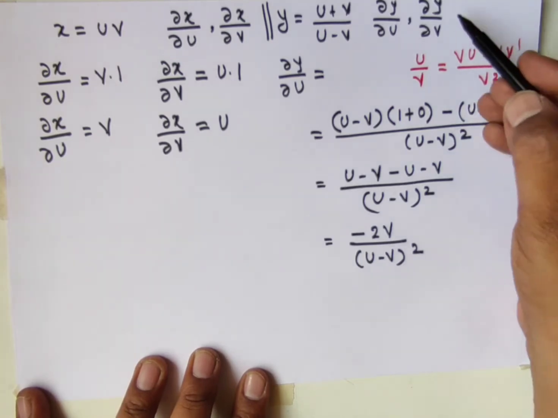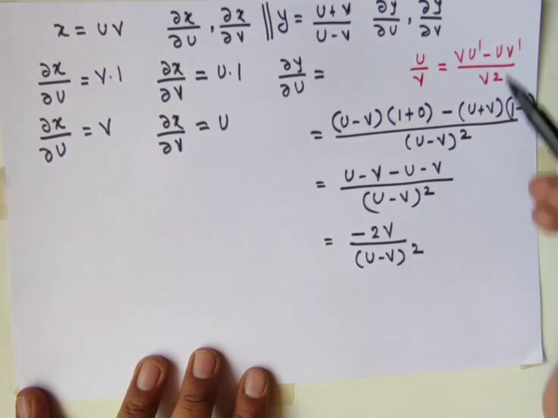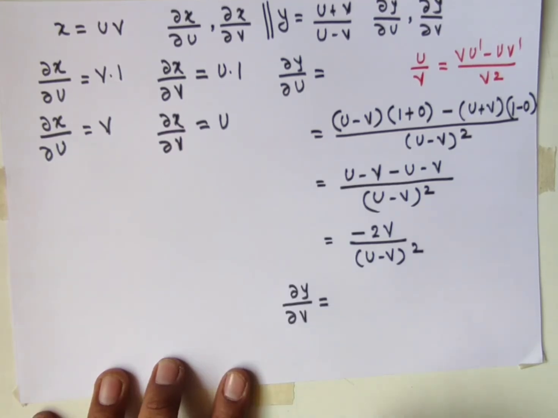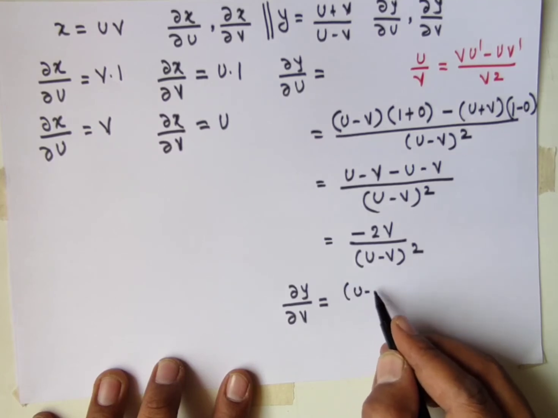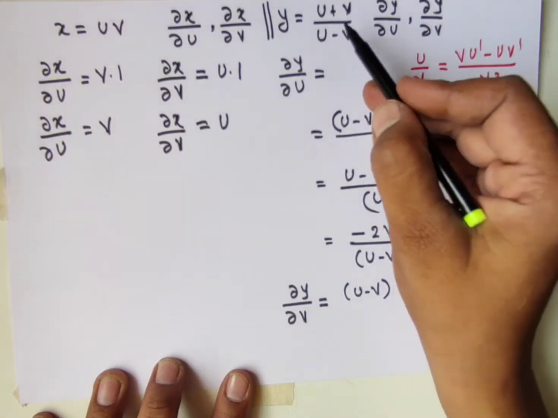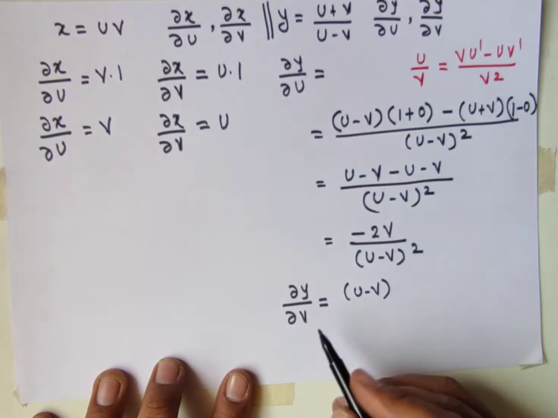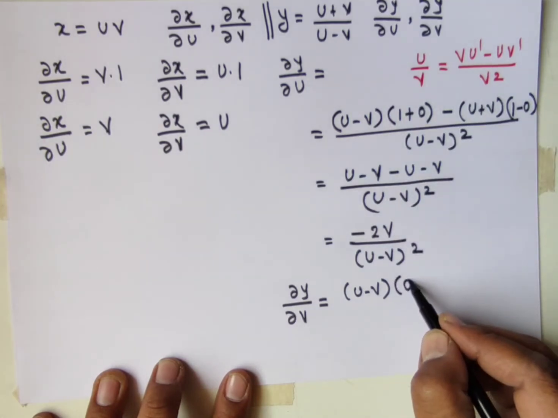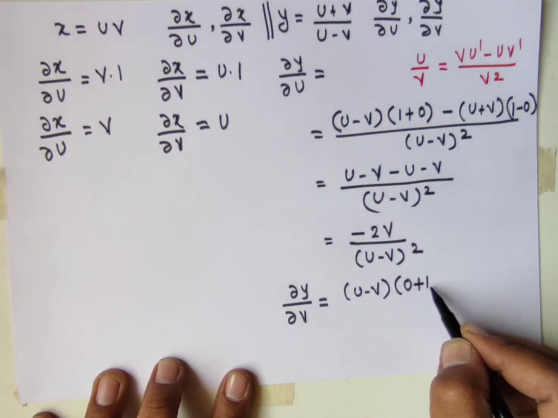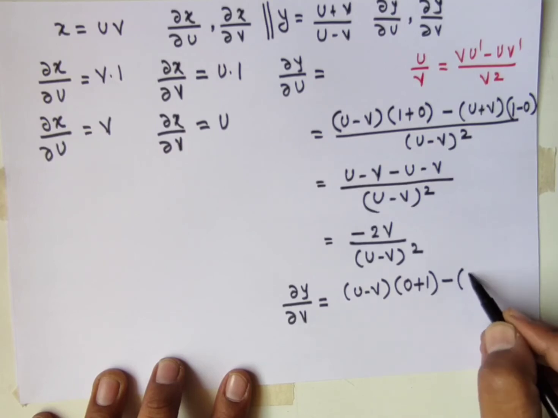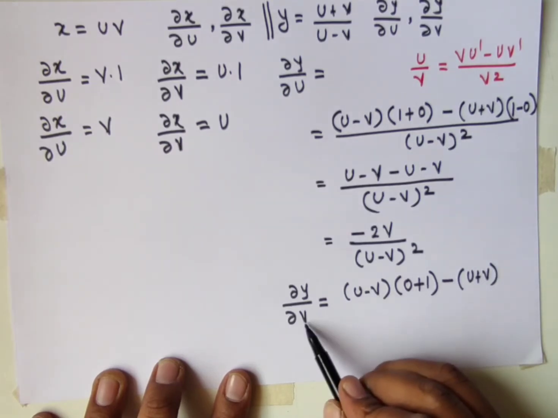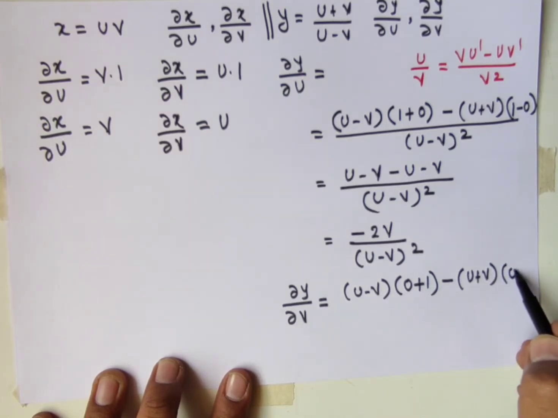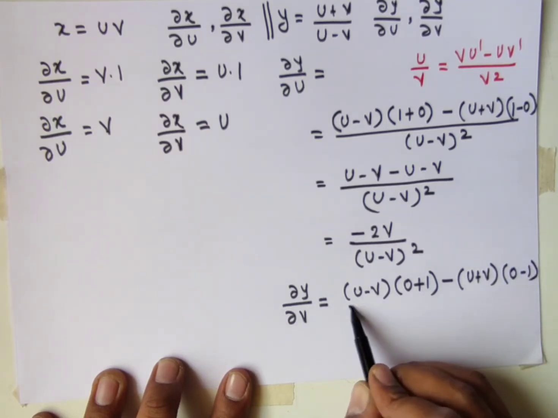Now we need to find ∂y by ∂v. Again we use the same methodology. We take u minus v outside, derivative of u plus v with respect to v, derivative of u is 0 and derivative of v is 1, minus, now we take u plus v outside and the derivative of u minus v with respect to v, the derivative of u is 0 and of v is minus 1.